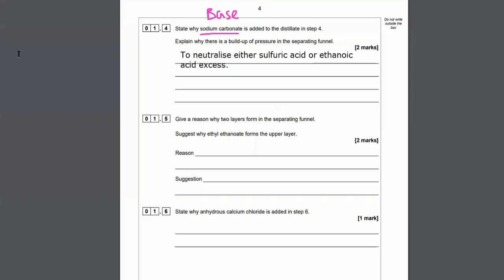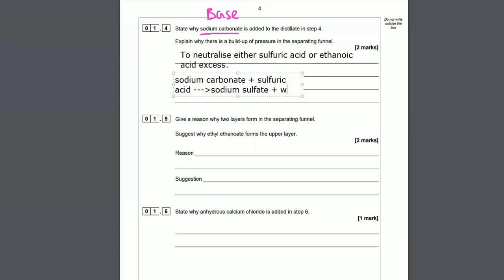Think about carbonates. So you should all know, for example, if I have sodium carbonate plus sulfuric acid, I could have written ethanoic acid here. Then what are we going to make? I can't even spell carbonate, put a B there. We're going to make sodium sulfate.